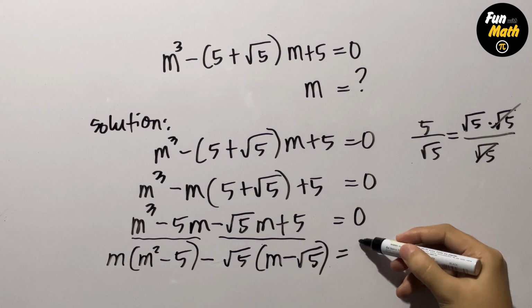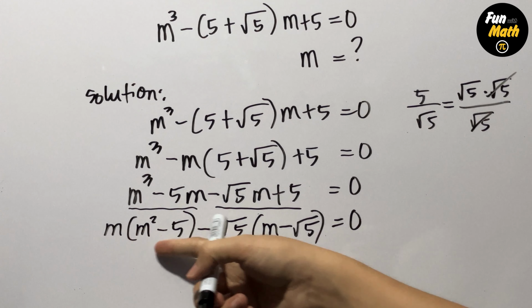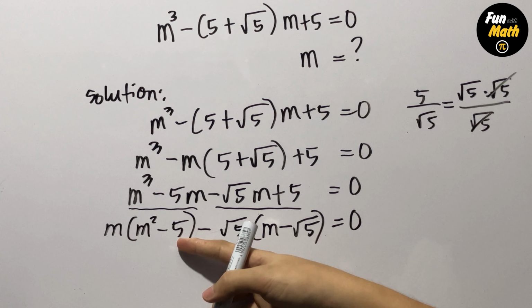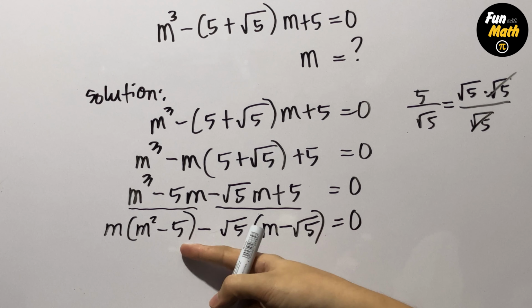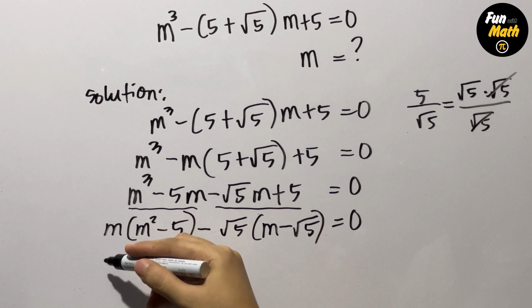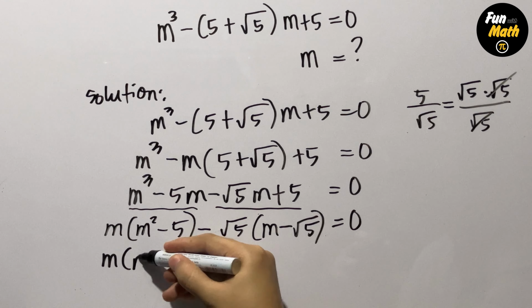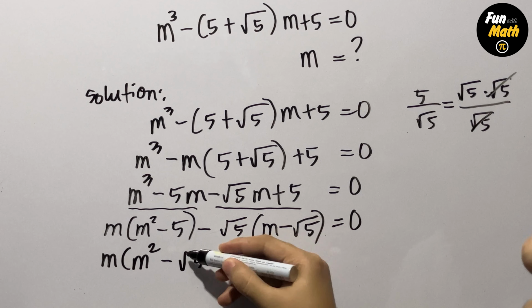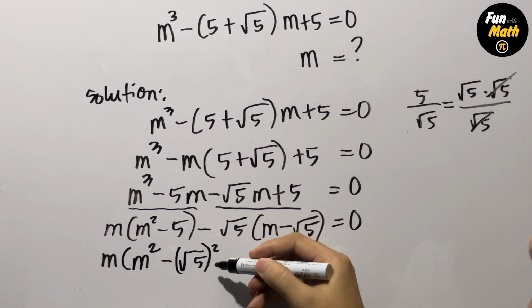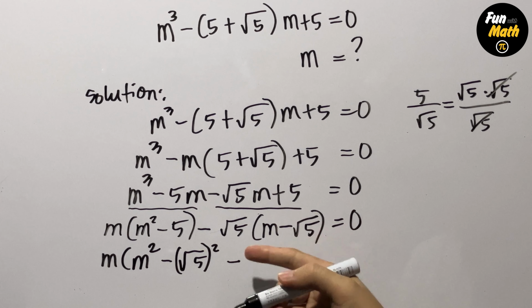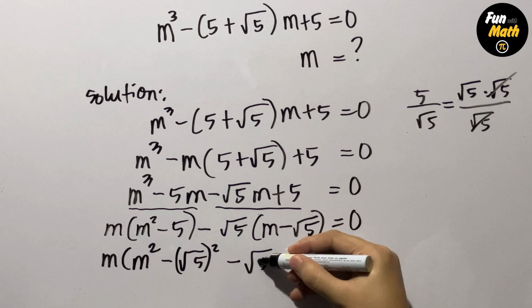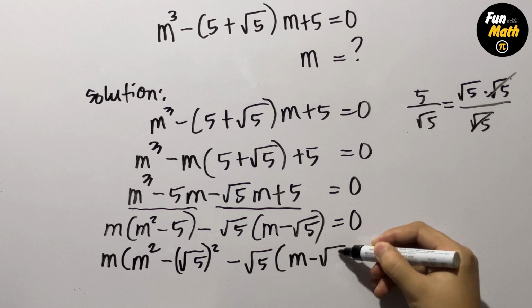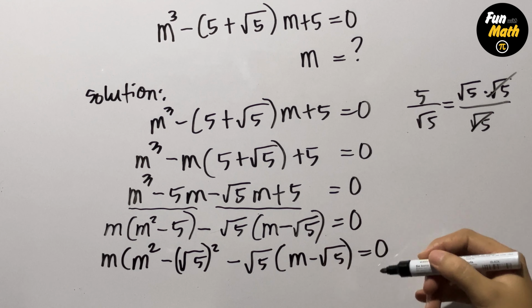It equals 0. Now for this, for 5, we can write it as square root of 5 squared. So this is now m times m squared minus square root of 5 squared, minus, this copy, square root of 5 times m minus square root of 5 is equal to 0.